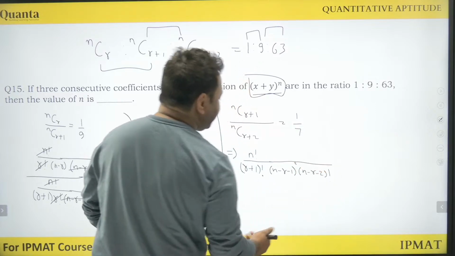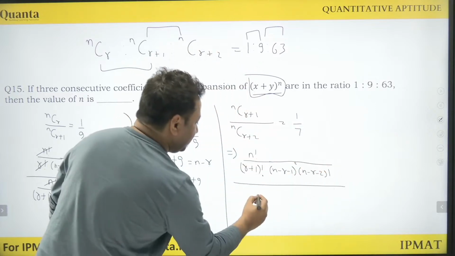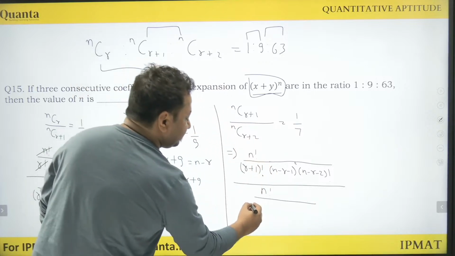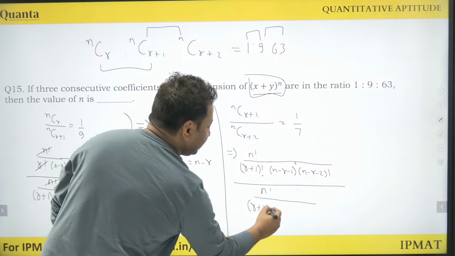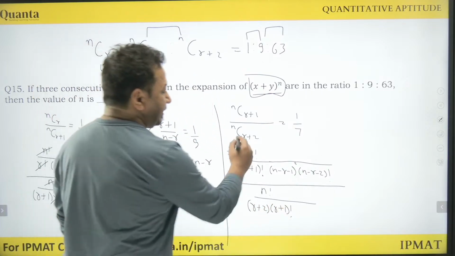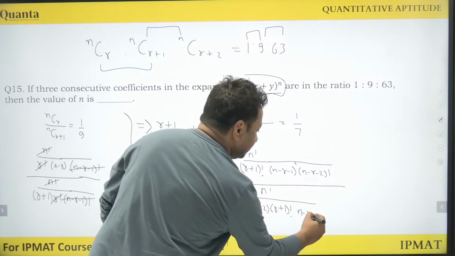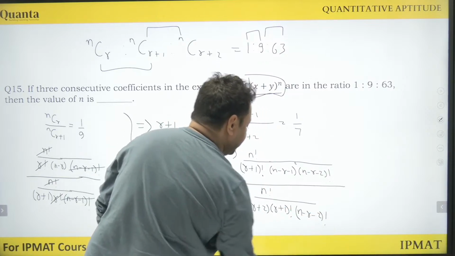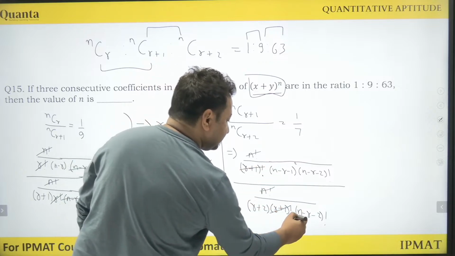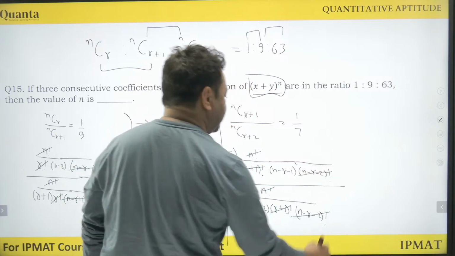Why am I doing this? So that things get cancelled. Upon factorial n, this is factorial of (r+2), which can be written as (r+2) multiplied by factorial of (r+1). Okay? And this will be factorial of (n minus r minus 2). Now, these things get cancelled. This is equal to 1/7.